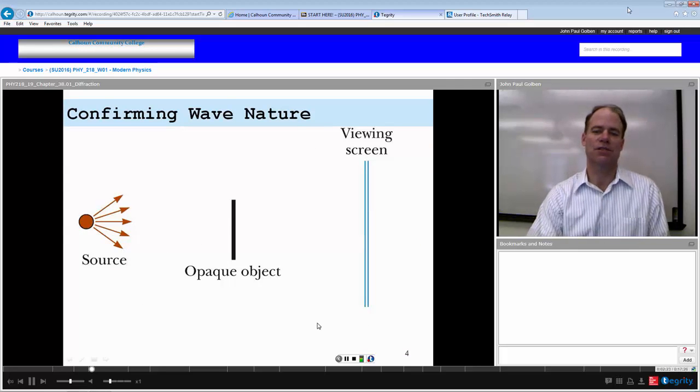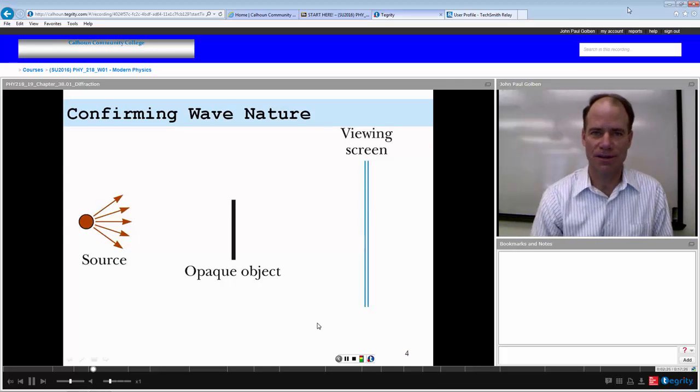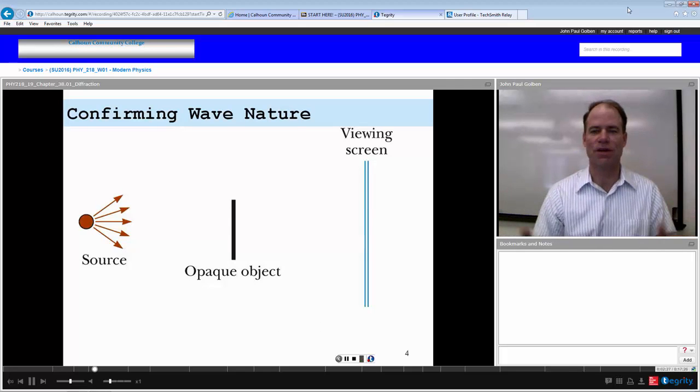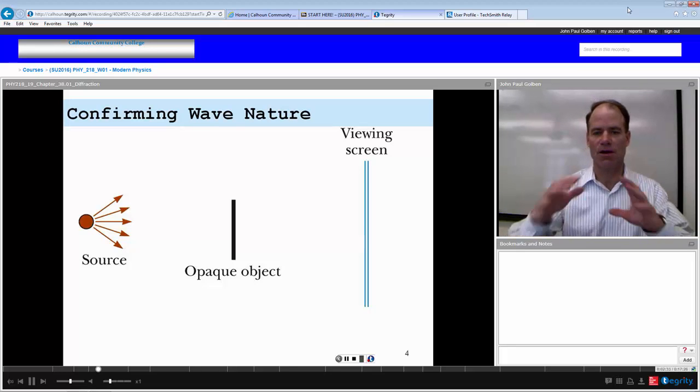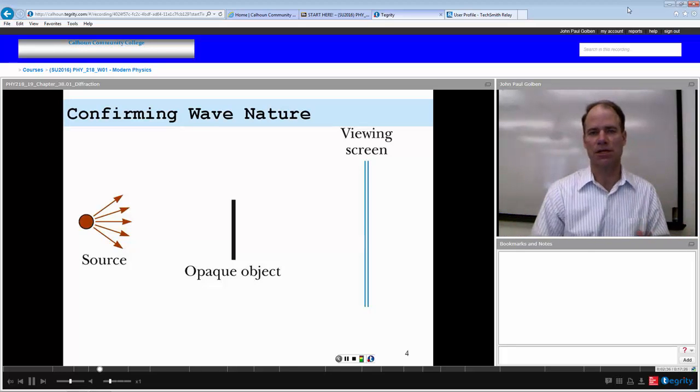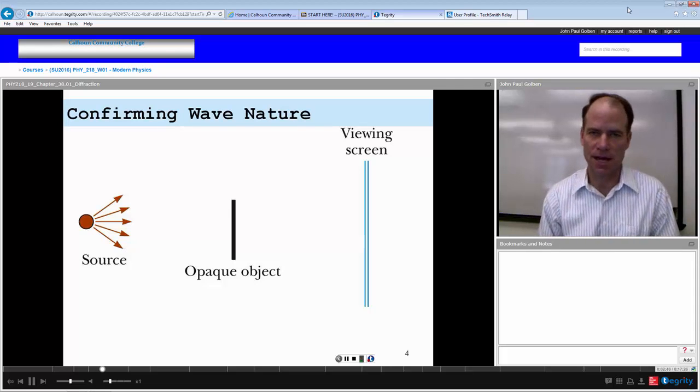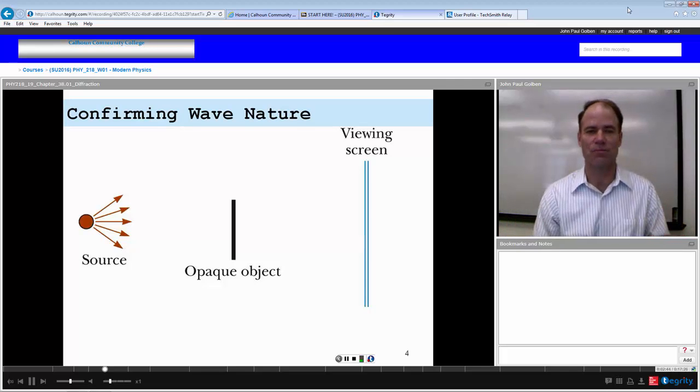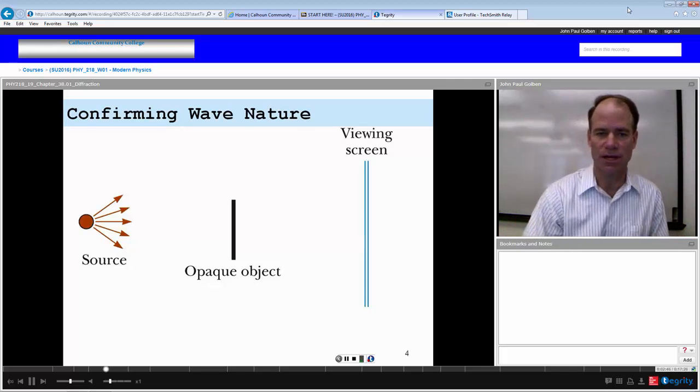It was once stated by Simeon Poisson that the wave nature would have to show an interference pattern on a circular object with a central maximum on the other side, and at the time he was stating, well, we don't see that, so maybe this wave nature is not the way that light behaves.